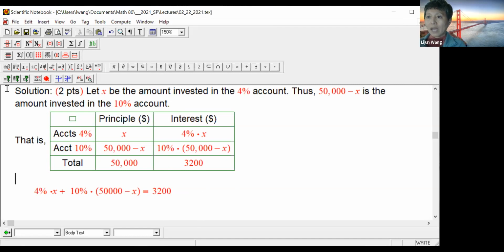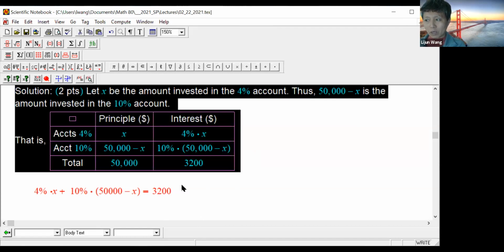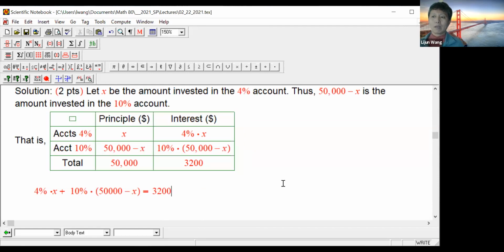So I have shown you the first half of the work, and next we're solving the equation. So this is 2 points. This table I will consider optional.